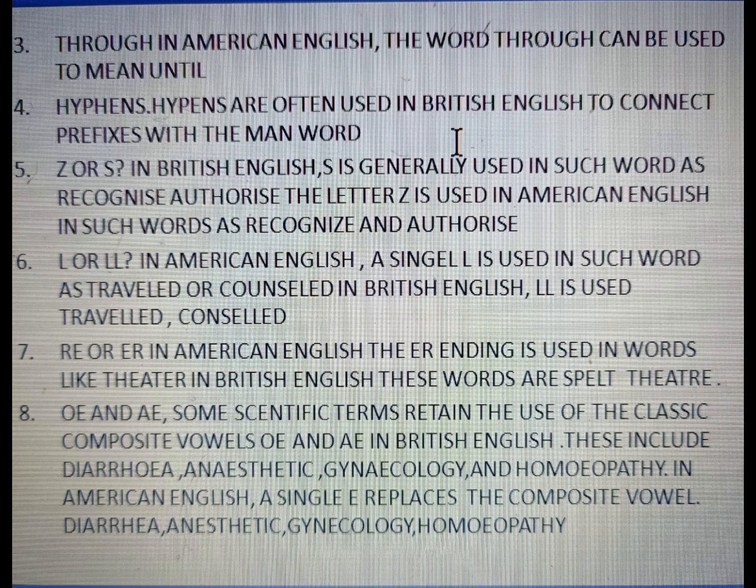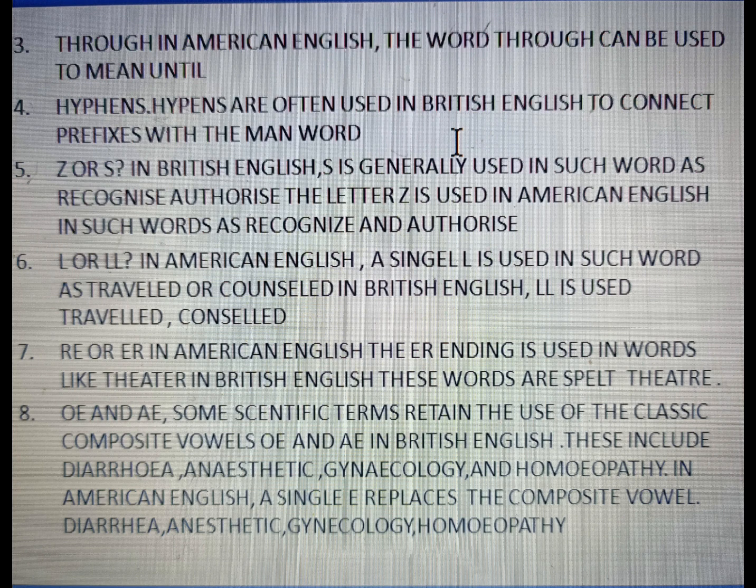Eight, OE and AE. Some scientific terms retain the use of the classic composite vowels OE and AE in British English. These include diarrhoea, anaesthetic, gynaecologic, and homoeopathic.